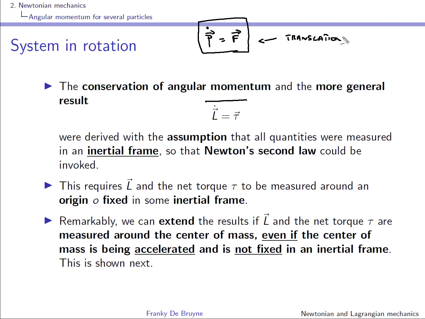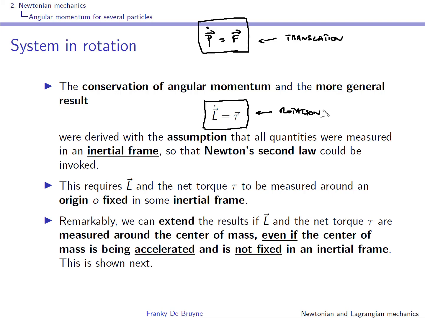And we have now just seen that you have a similar equation in rotation, and it's often called the rotational form of the second law of Newton, which says that the variation of the total angular momentum is equal to the net torque that is applied.